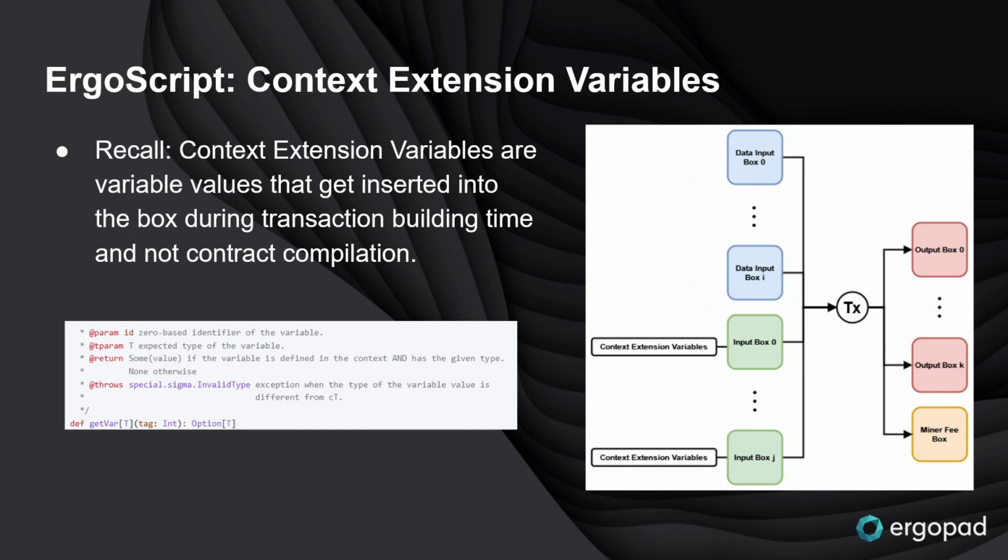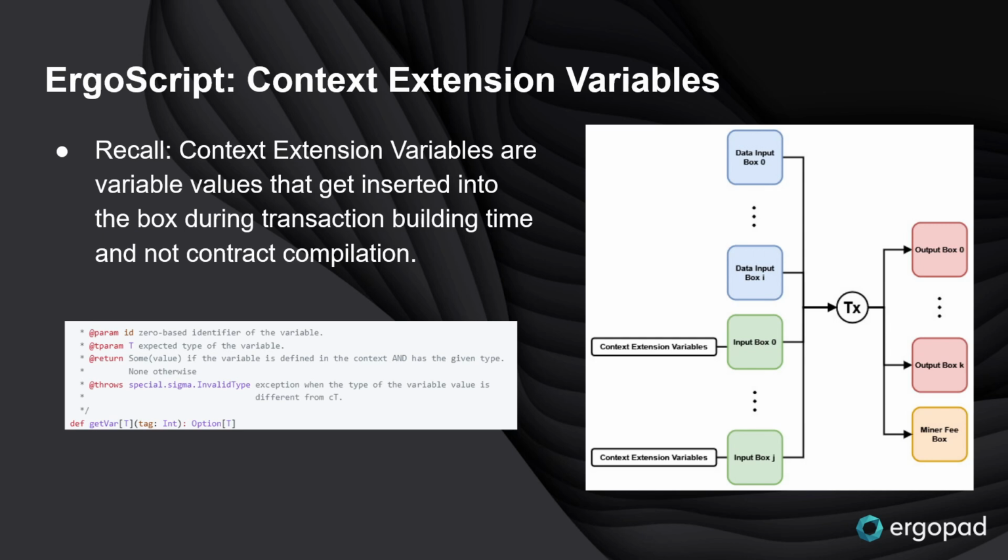Like I mentioned, we also have context extension variables. Unlike regular variables, these get inserted into the box during the transaction building time, not when the contract is compiled in the first place. So if you want to access a context extension variable in your Ergoscript, you would use the getVar function, which tells you the data type that the variable is supposed to be, and then which position it is in the variable array.